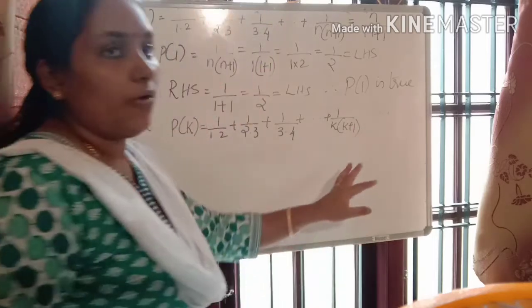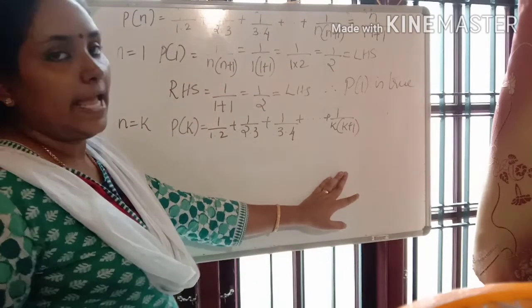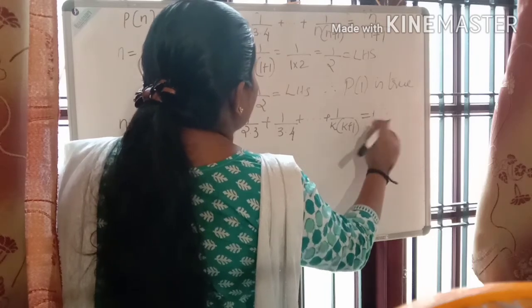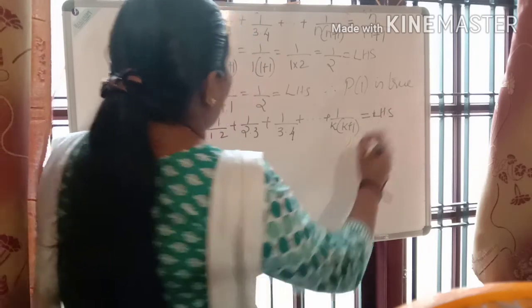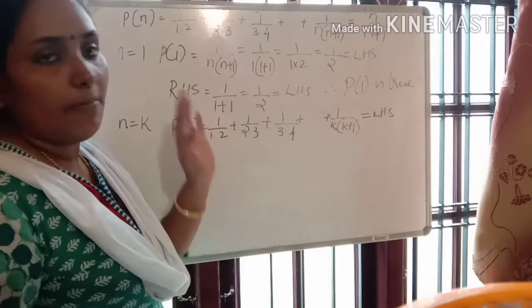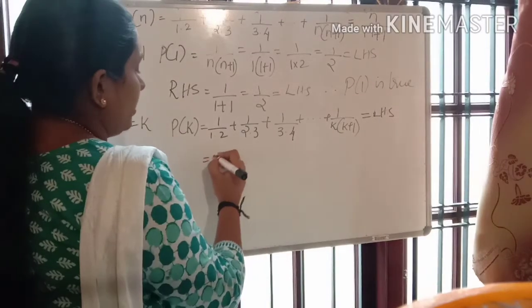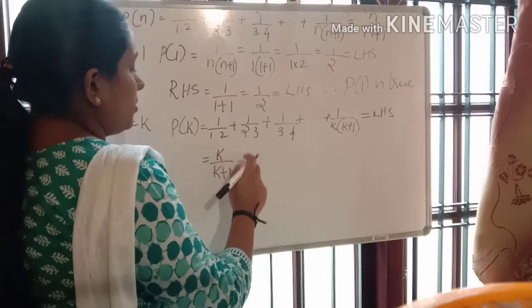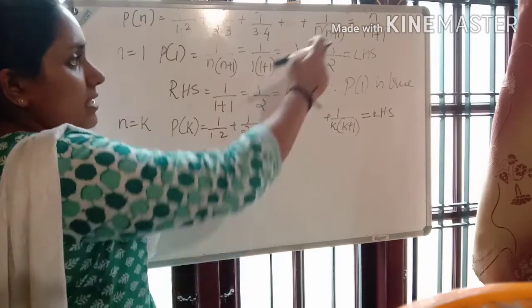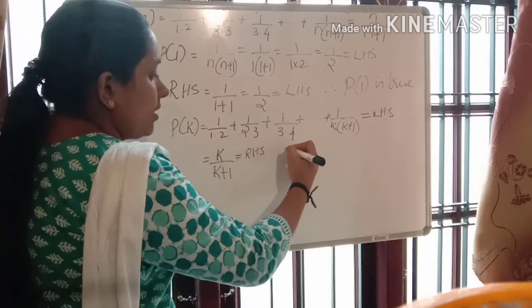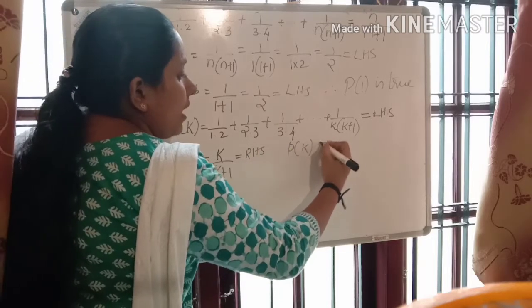Instead of n, we put k. It is the LHS of this equation. We know that this expression has the value k by k plus 1. So, we get the same answer as RHS. LHS equal to RHS, so P of k is true.